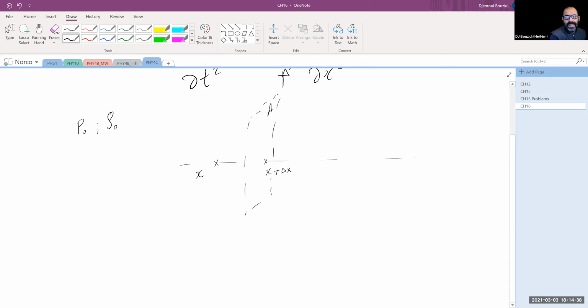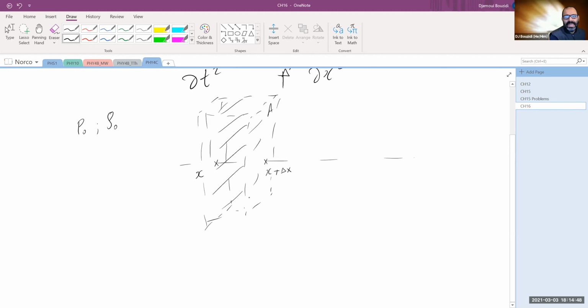So this is an area A, where I have a certain amount of air in this place. This is undisturbed.